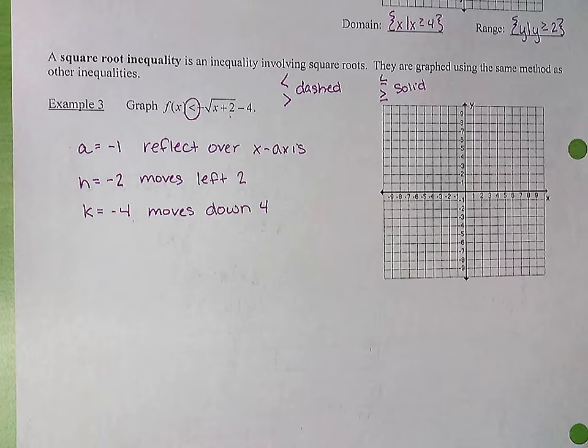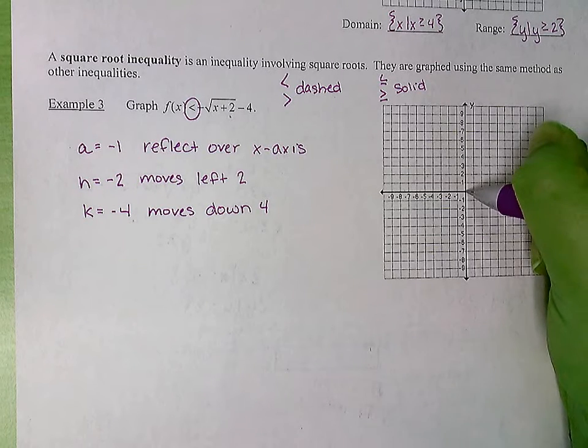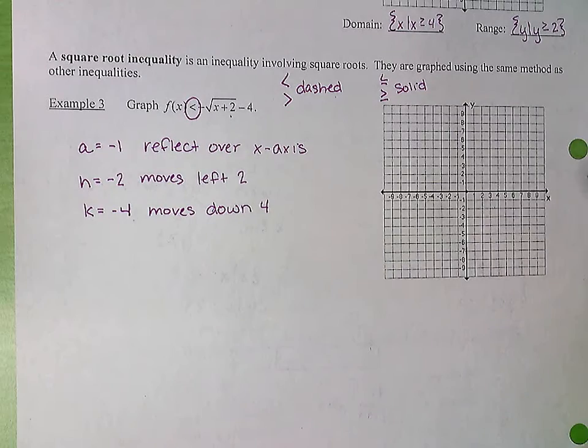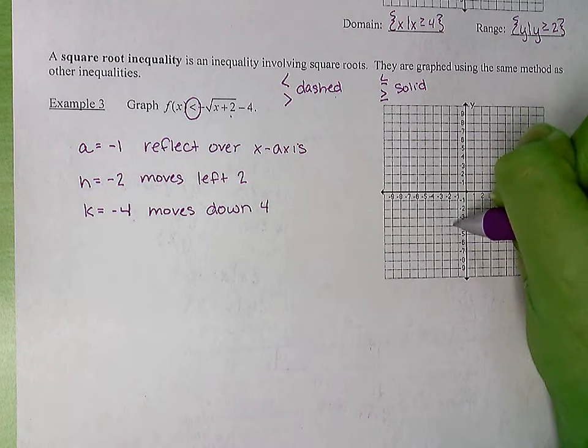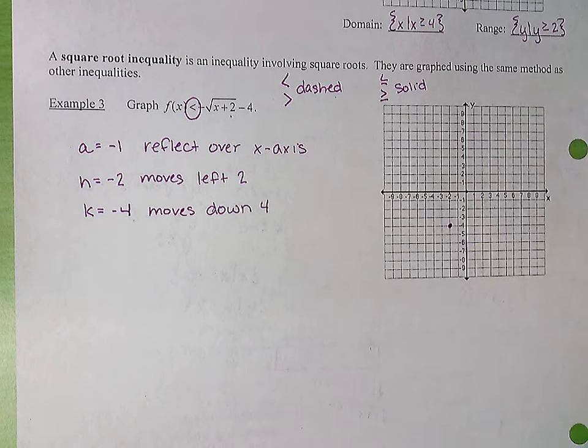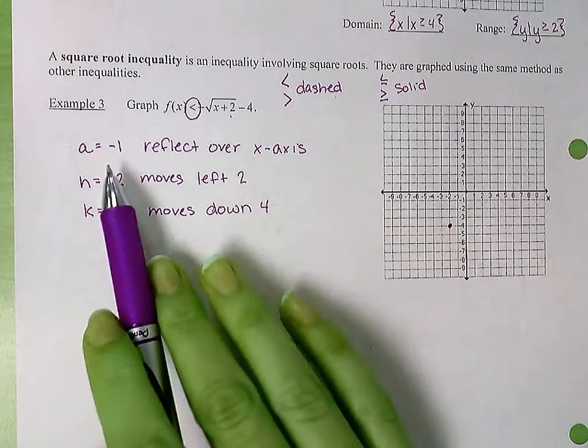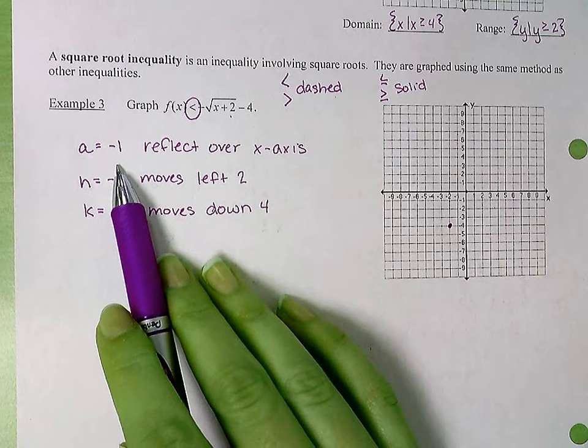So, just like before, we're using our parent function. Starting at 0, 0, we're going to move left 2, down 4. Now, this reflected it over the x-axis, right?